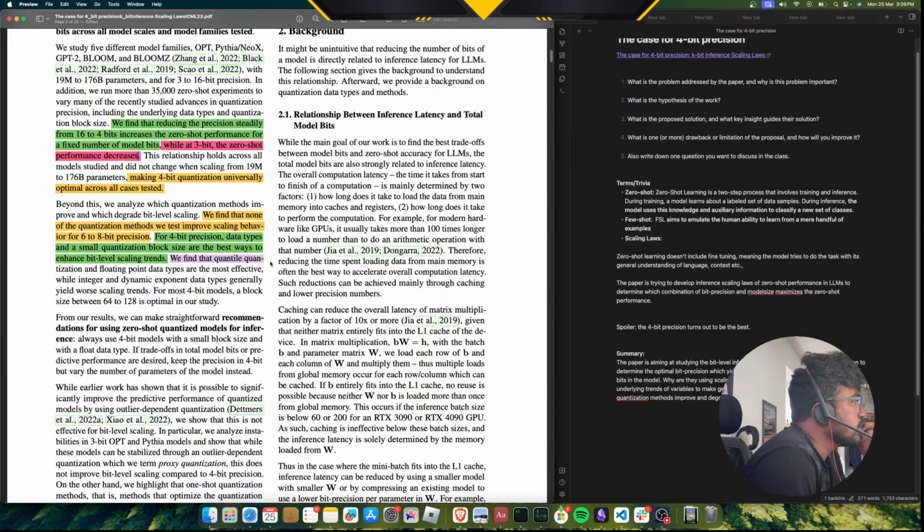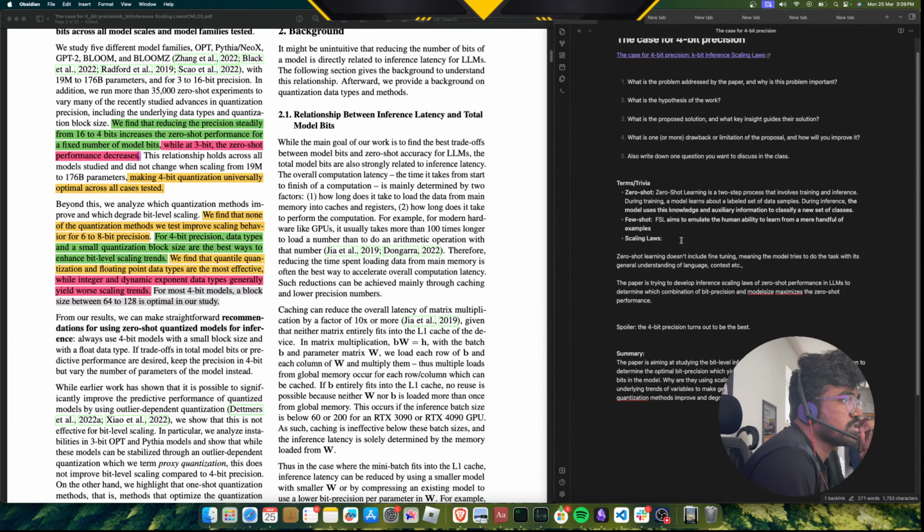We find that quantile quantization and floating point data types are the most effective, while integer and dynamic exponent data types generally yield worse scaling trends. For most 4-bit models, a block size between 64 to 128 is optimal in our study.